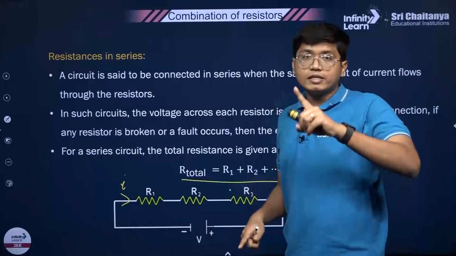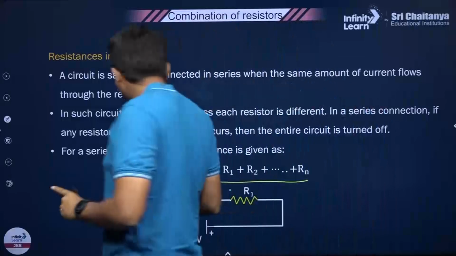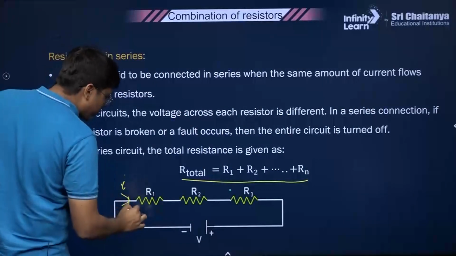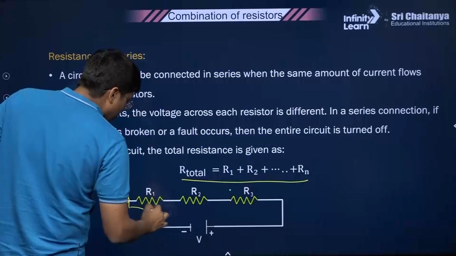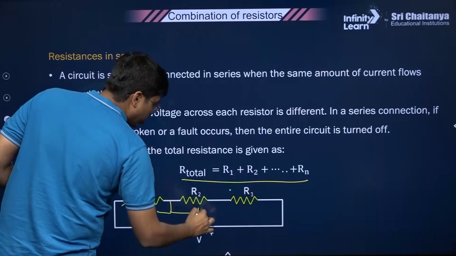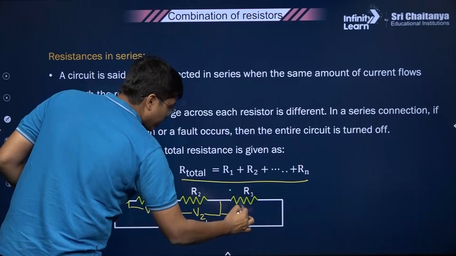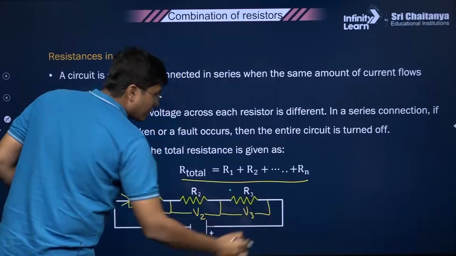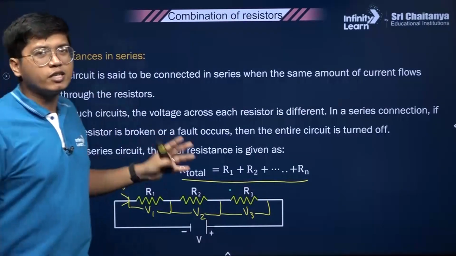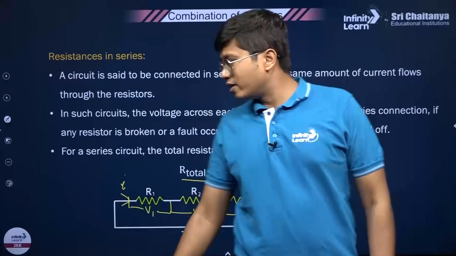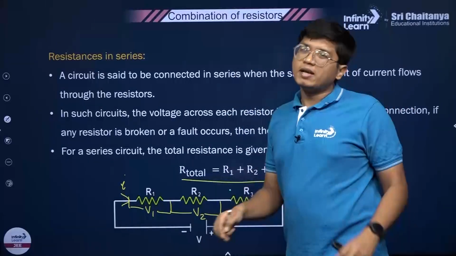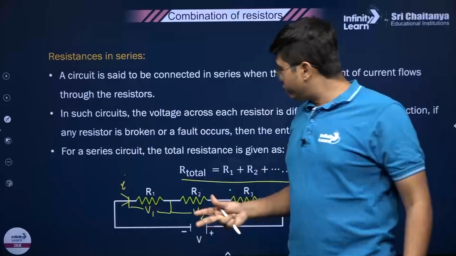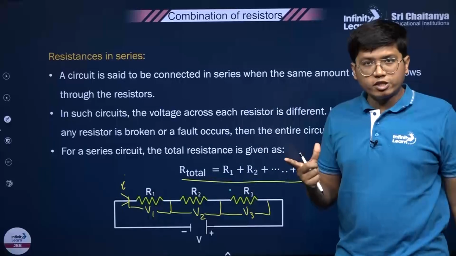What is different in series? The different thing in series is that the potential difference across them may be different. The potential difference may be V1, V2 and V3. Now there is the possibility that V1 is equal to V2 is equal to V3 when the three resistances are the same, but if they are not the same, then the voltages would be different across each of them.